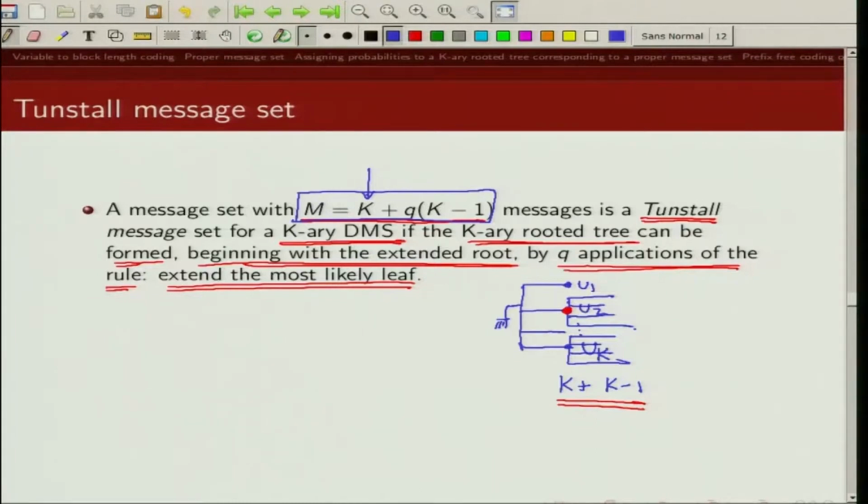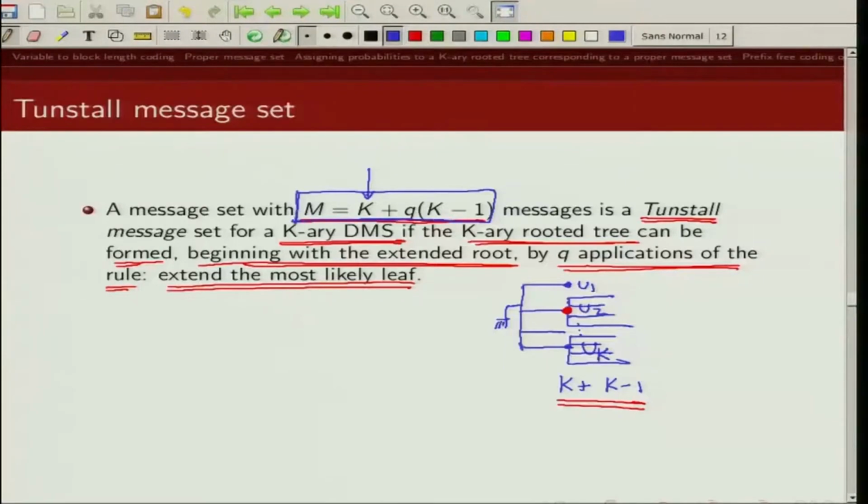So the total number of leaves I can get if I extend a node Q times, starting with an extended root, is given by K plus Q into K minus 1, where Q is the number of extensions I have done from this extended root.